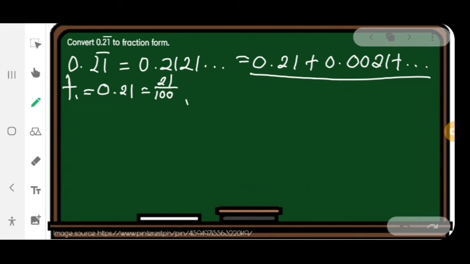And our t sub 2 here is 0.0021 or 21 over 10,000 because we have 4 decimal places.